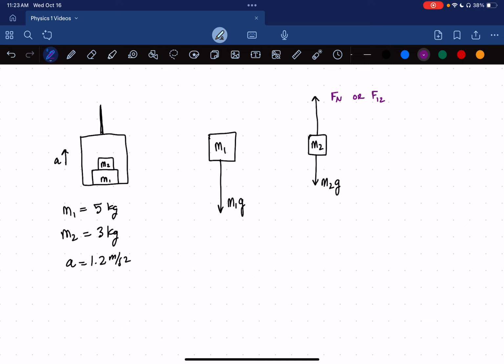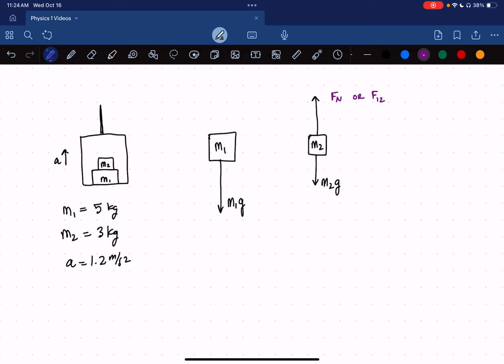So I'll kind of leave it to you what you want to choose. And we're going to have to actually modify one of these in just a minute here. But that's it. Mass 2 just has gravitational, and mass 1 is pushing it up. There is no tension force in this problem. The tension is affecting the elevator, which is not part of our free body diagrams. Our free body diagrams are just those masses there.